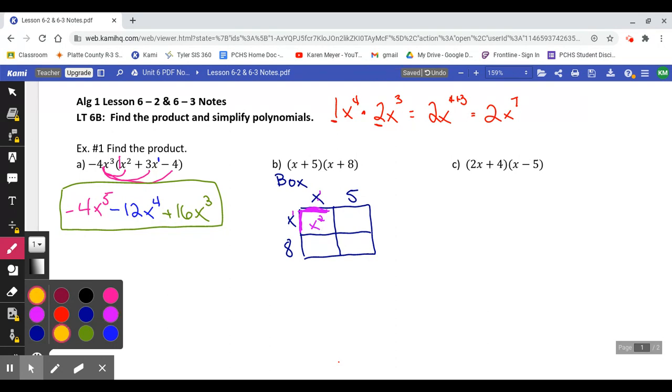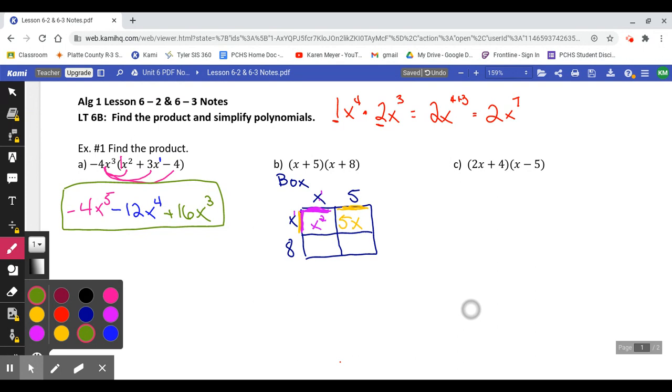Then you're going to take x times 5. X times 5 is 5x. Now we're going to repeat the process with the bottom row. So take the side times the top. So 8 times x is 8x. And 8 times 5 is 40.